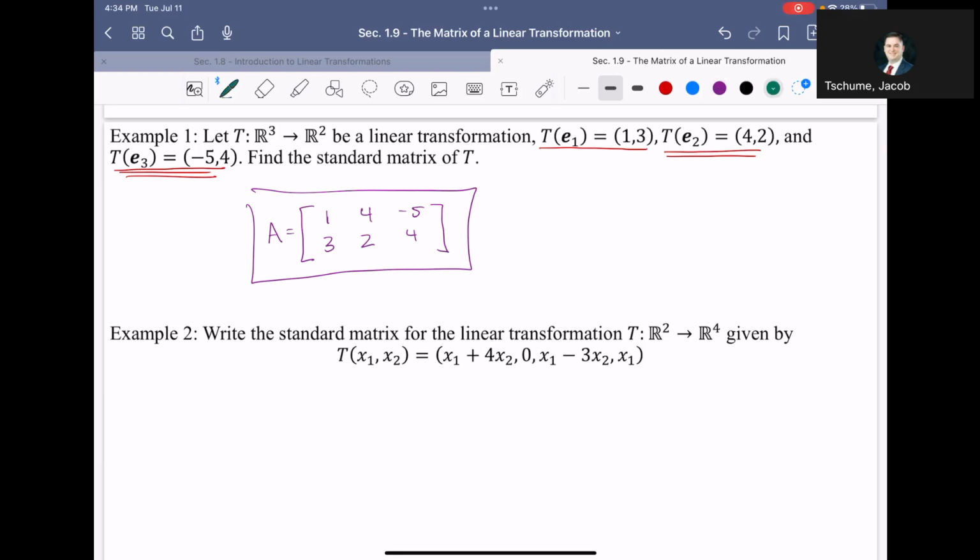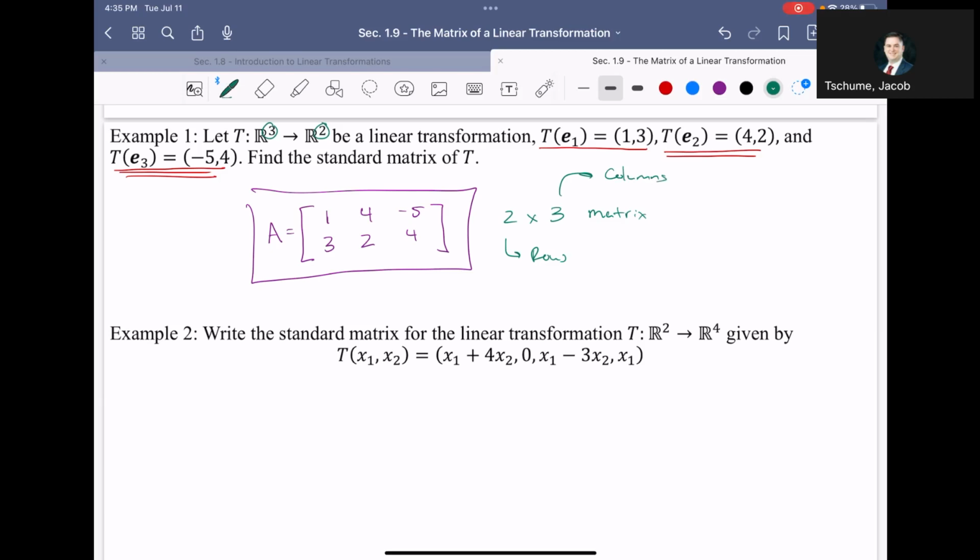One other thing to note here that might help you check your answer now that we did example 1. Go back and look at the original dimensions here. Those dimensions that you're mapping will help you know the dimension of your final standard matrix. So if you notice, in this problem, we normally would call this a 2 by 3 matrix because there are 2 rows and there are 3 columns.